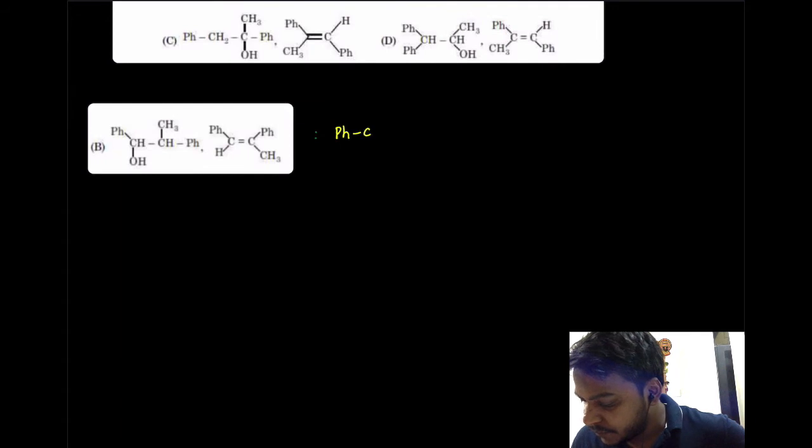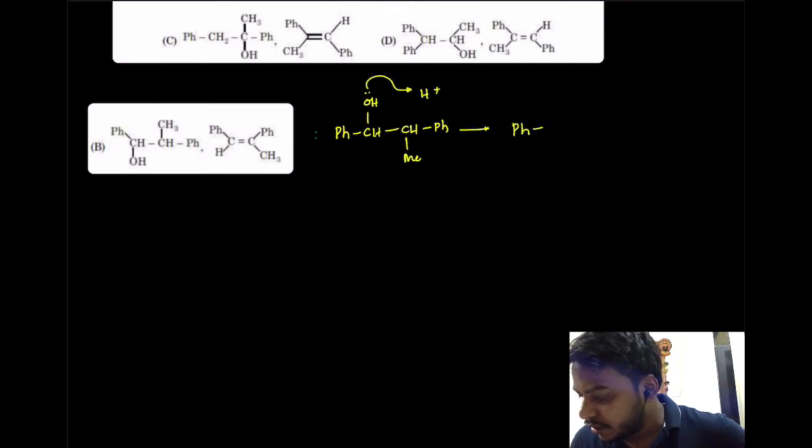We have PhCH(OH)CH(Me)Ph. In the presence of acidic medium, this oxygen will take the proton, this gets protonated, so we'll get this as OH2+ with CH, Me and Ph.